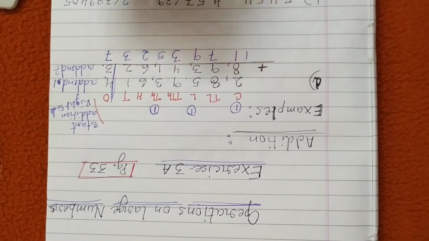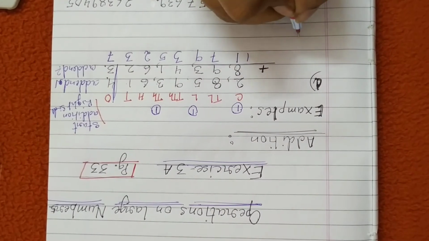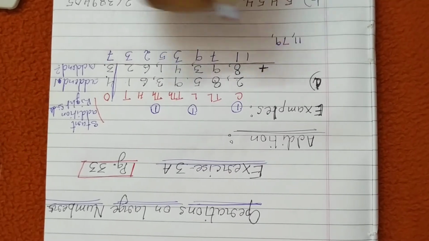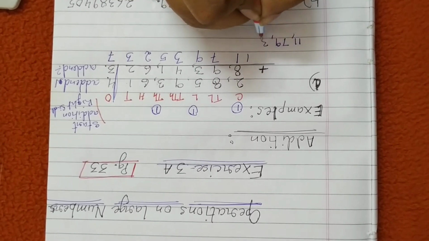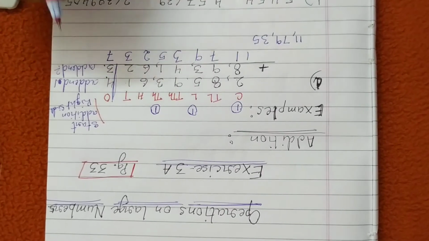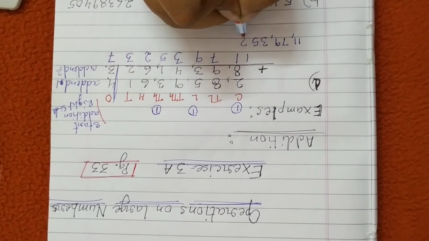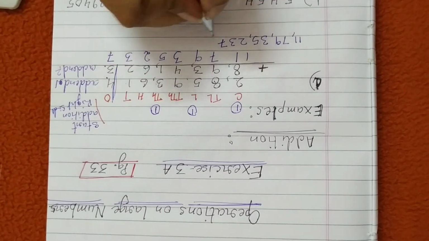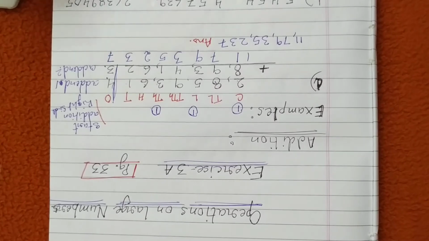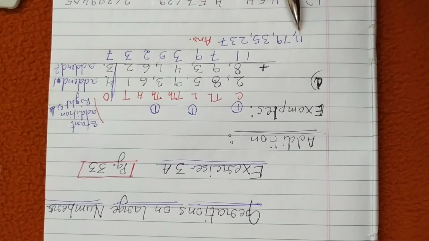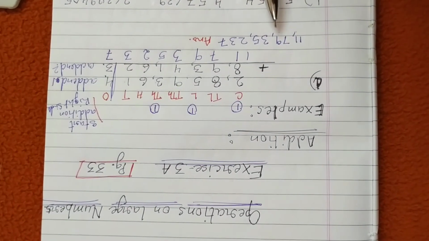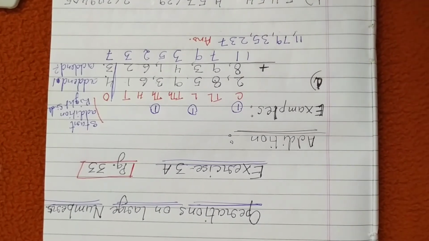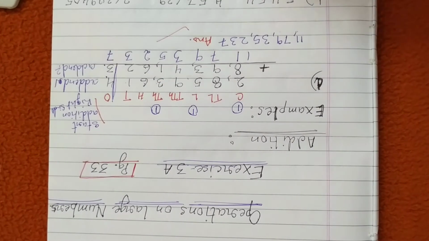We will write our answer like 11 crore 79 lakh 35,237. What is our answer? 11 crore 79 lakh 35,237. Right. Now this is clear to you all.